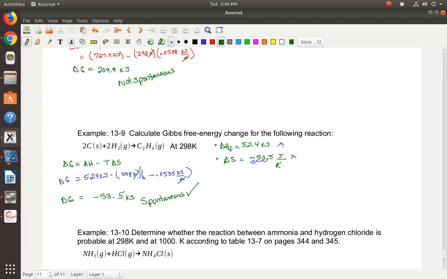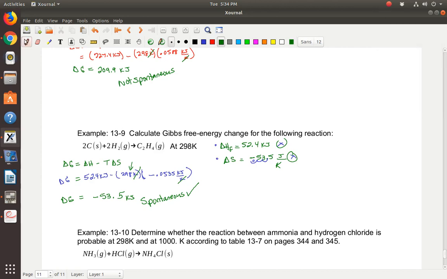So even though these two situations were not spontaneous, we have a temperature that makes it spontaneous. We end up subtracting enough that we end up making it spontaneous.